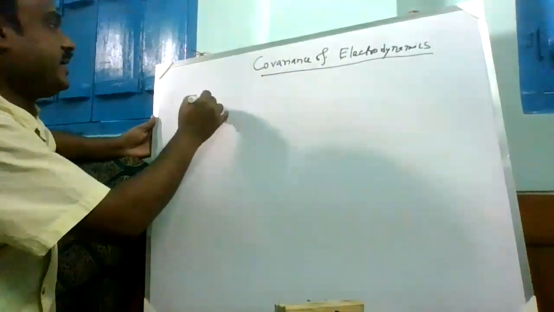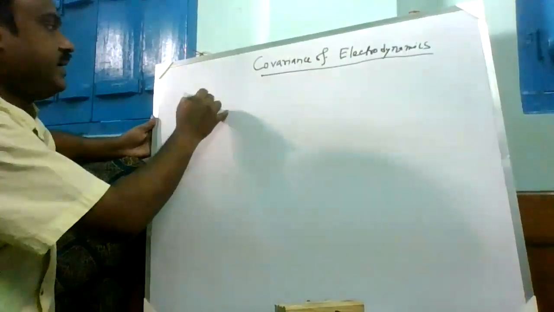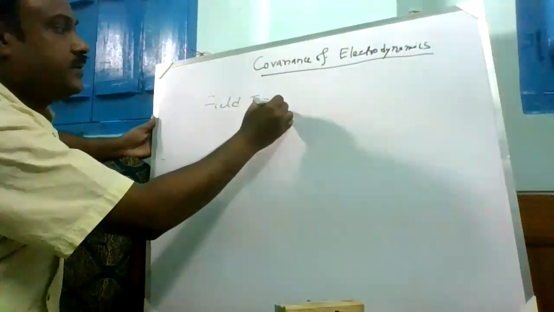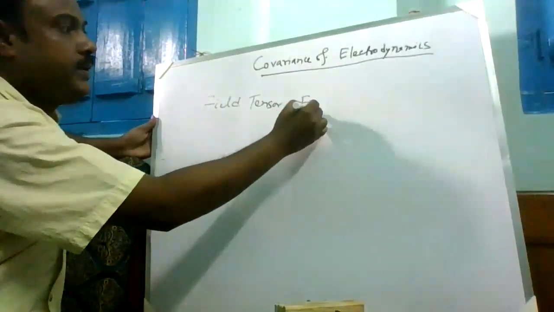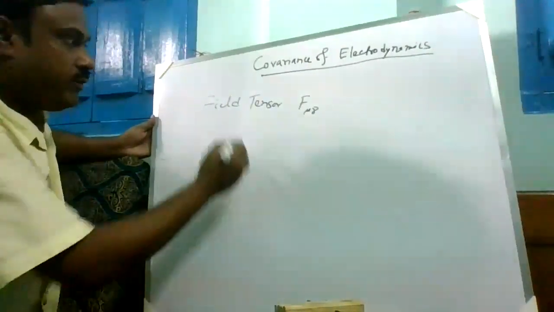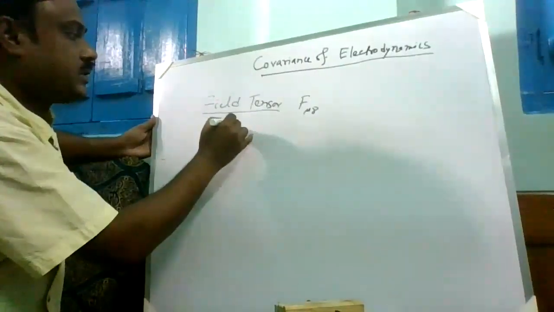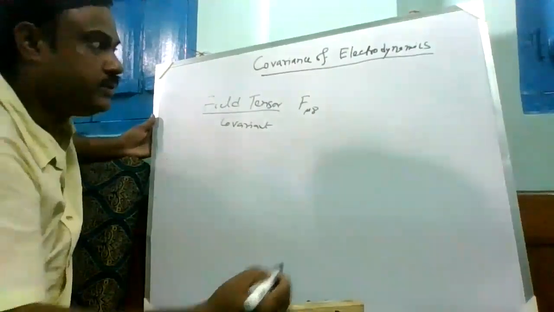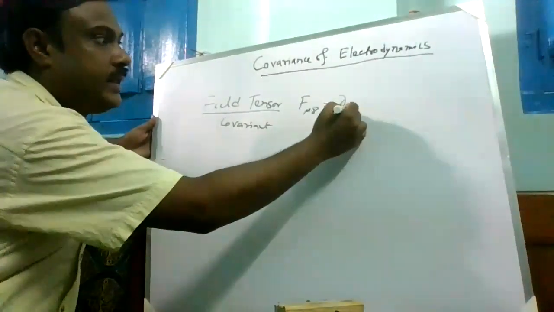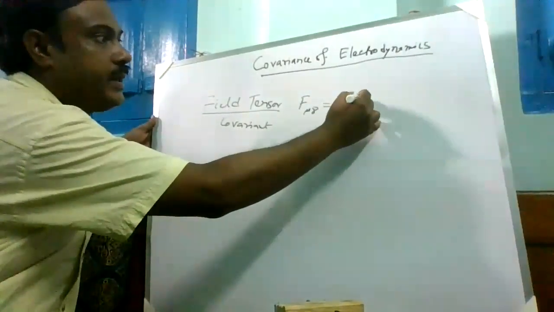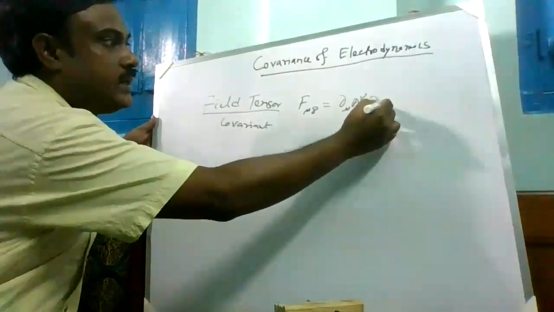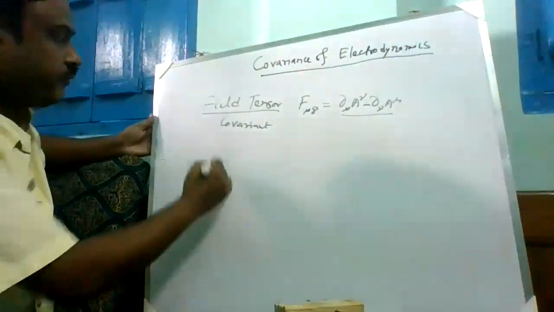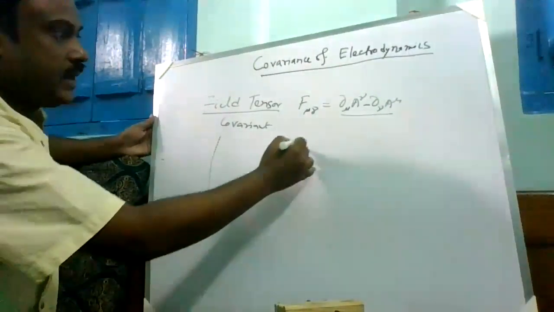We define the field tensor F mu nu, which is covariant, F mu nu equals del mu A nu minus del nu A mu. We can write this in matrix form.